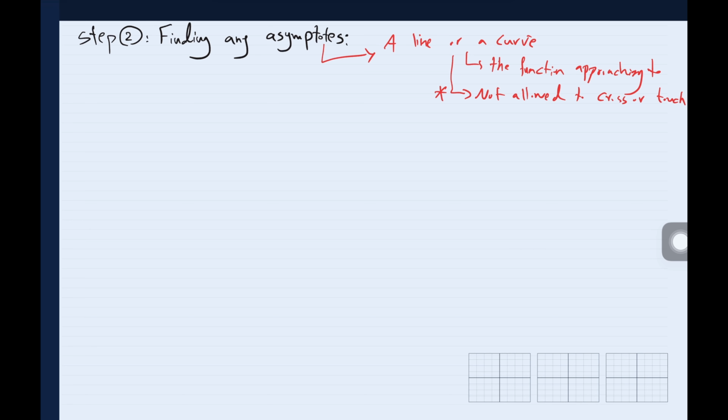To find any asymptote, I have to take several steps. Step A: check if there is any common factor between the numerator and the denominator.